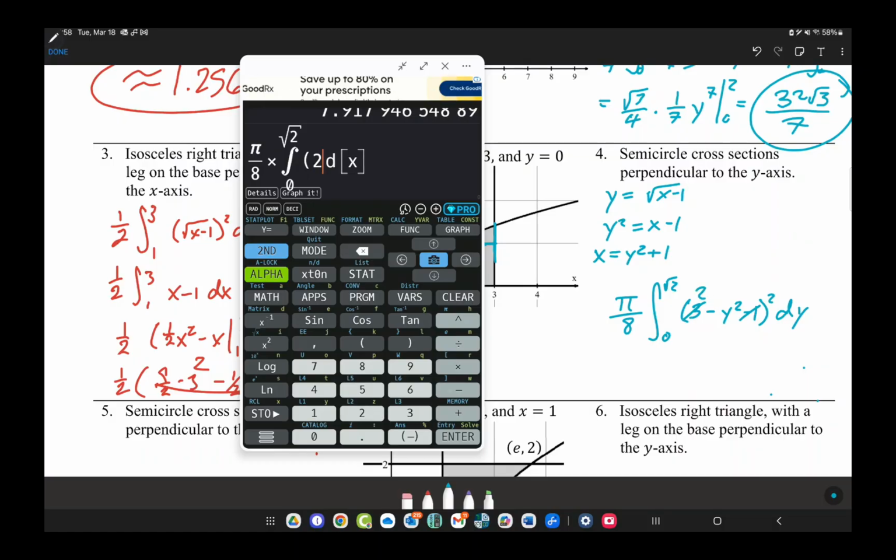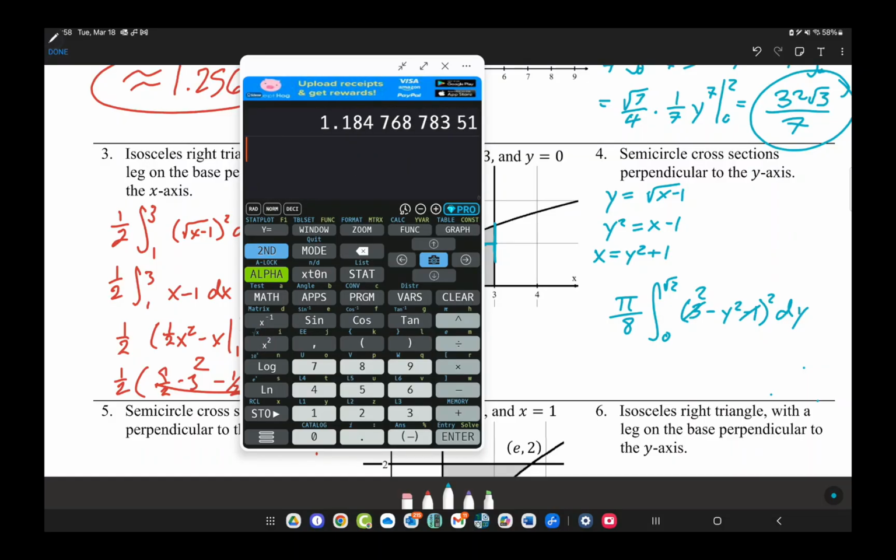So 2 minus x squared, squared. And we get 1.1846 when you round correctly.